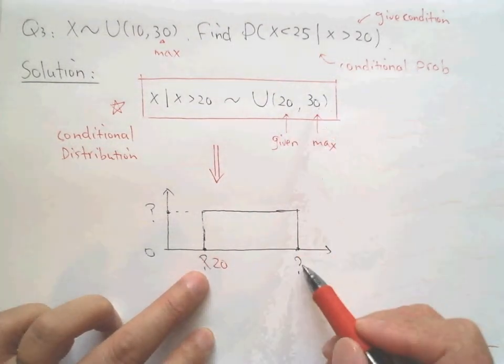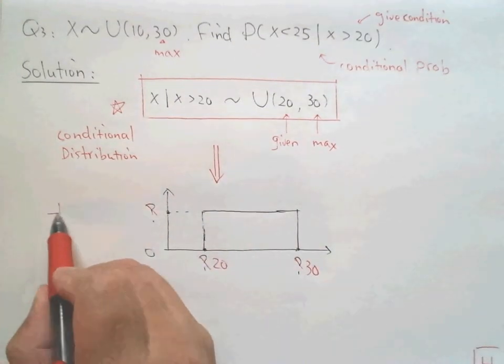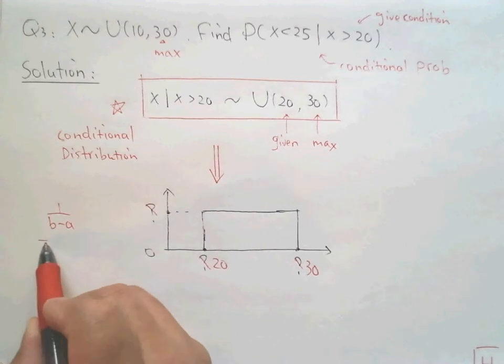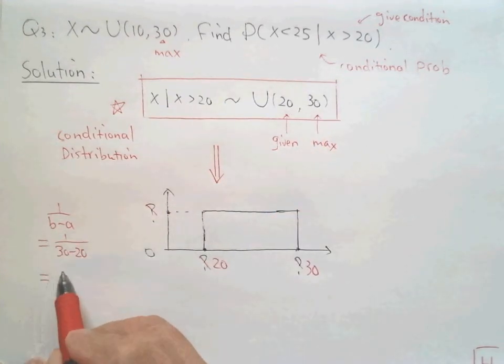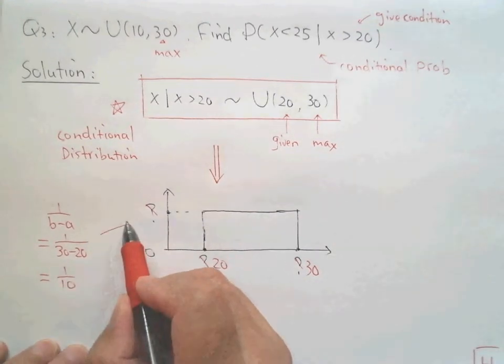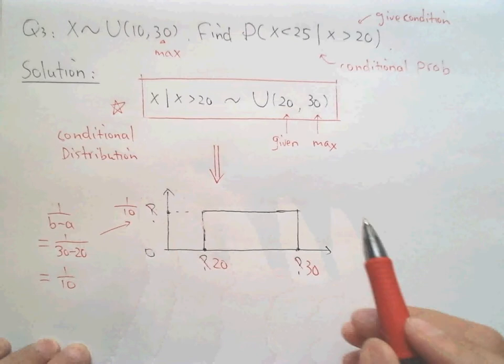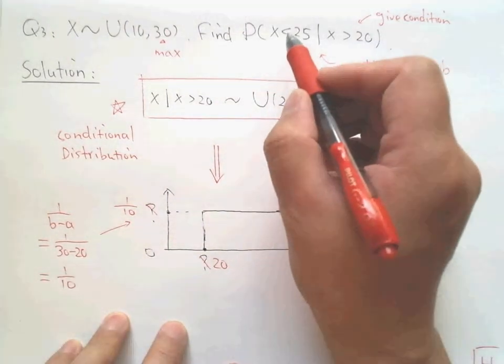What is this? 20. What is that? 30. What is the height? We put here 1 over b minus a, right? So 1 over 30 minus 20, 1 over 10. So still 1 over 10, and we get 1 over 10 here, right?